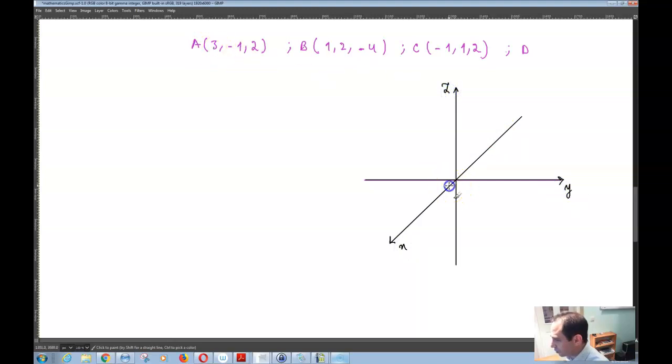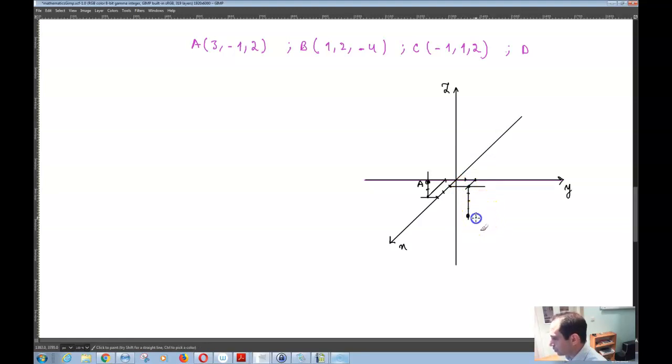Somewhere over here, for 1, 2 and 3, -1, 2, is for example point A. Point B would be 1, 2, and -4, somewhere over here.